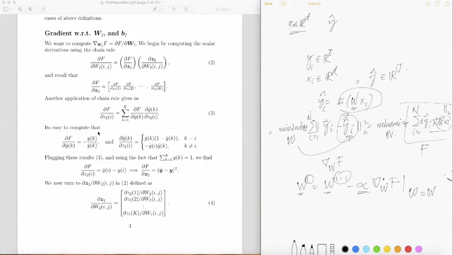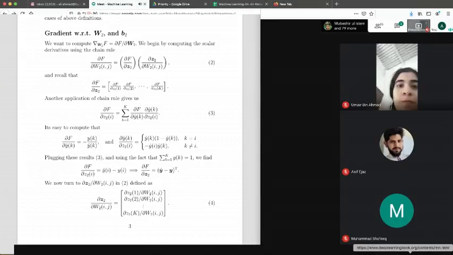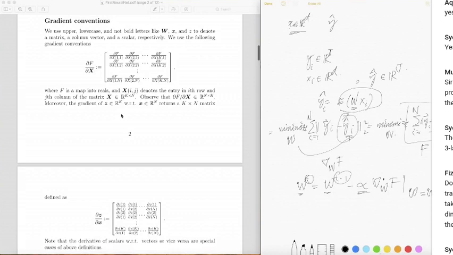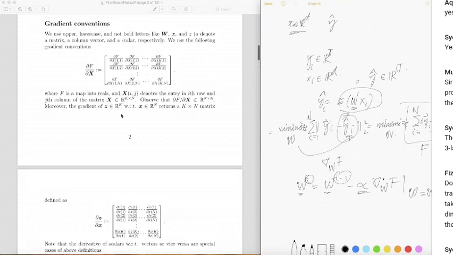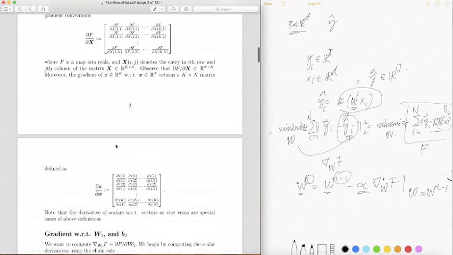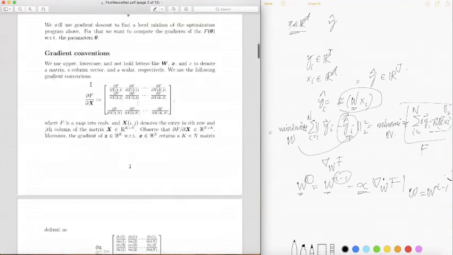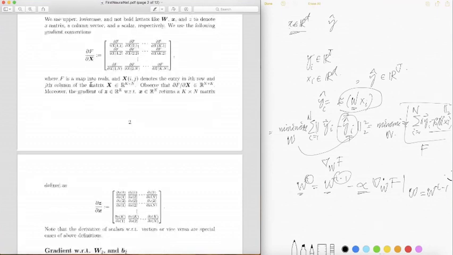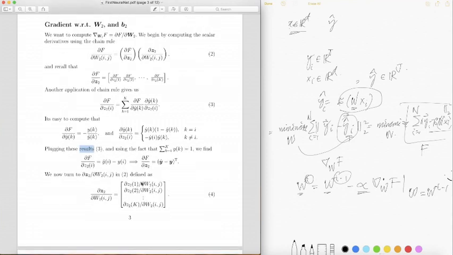So let's see if you have any questions. In this handout, I am consistently using this convention. If you use these conventions, you won't have trouble with the transposes. You will have to use one consistent convention. If I fix this convention over here, then all your transposes will be in the right location. For example, why did I get this transpose over here?